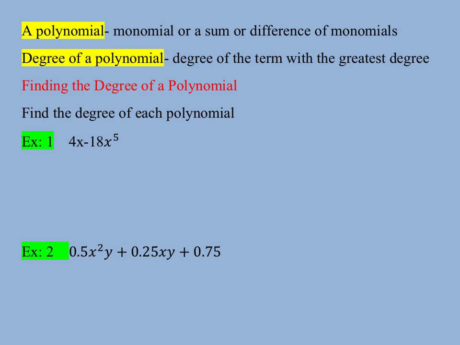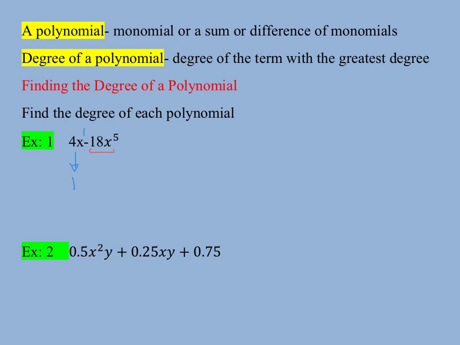To find the degree of a polynomial, you're going to find the degree of the term with the greatest degree. So you're going to find each term's degree separately, just like we did, and then whichever one has the highest degree, that carries the degree for the entire polynomial. So for instance, for the 4x, the x has an exponent of 1 and there's only one variable, that means that the 4x has a degree of 1.